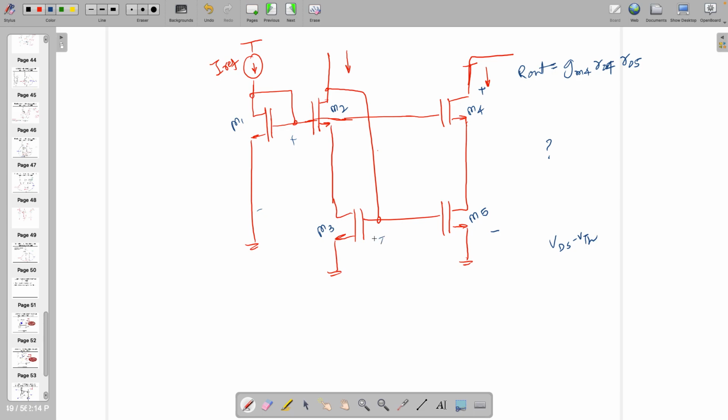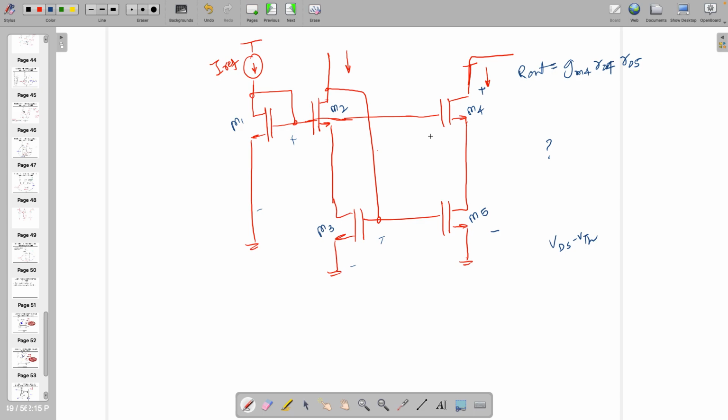Keep some voltage over here. Still I am saying, you are the designer, you are defining this.